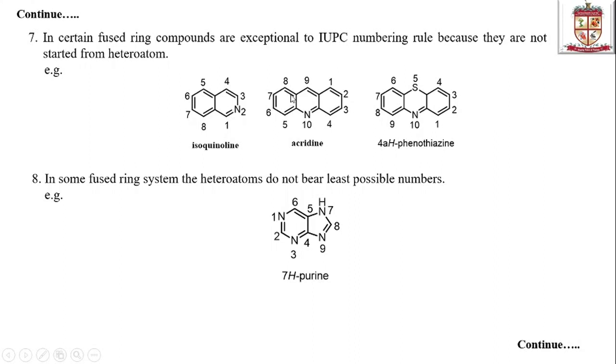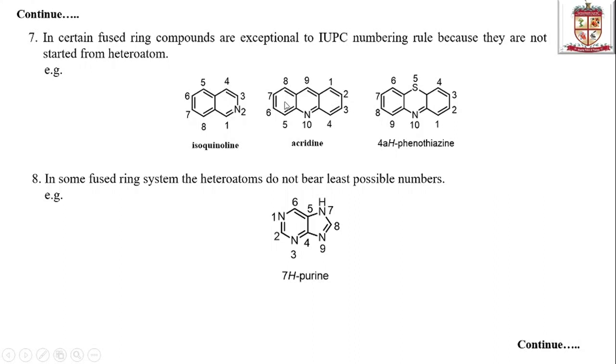You can start the numbering from this ring also, or you can start the numbering from this ring also. That means this is 1 2 3 4, then 5 6 7 8, then 9 and 10. The numbers 9 and 10 are fixed in the case of acridine. You can change the numbering to the left side or right side fused ring.